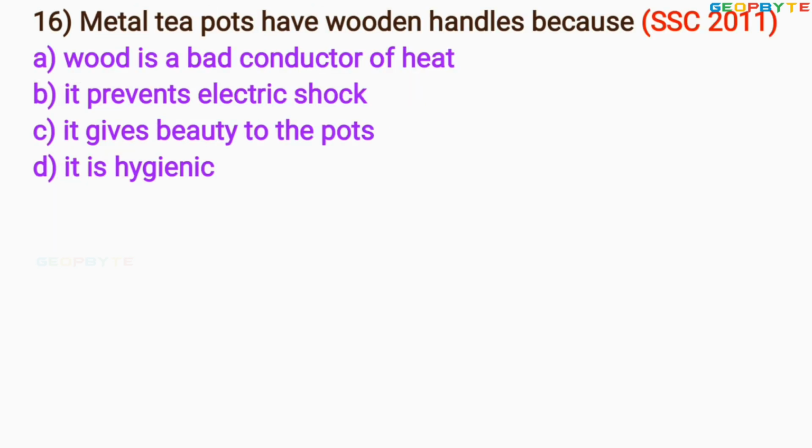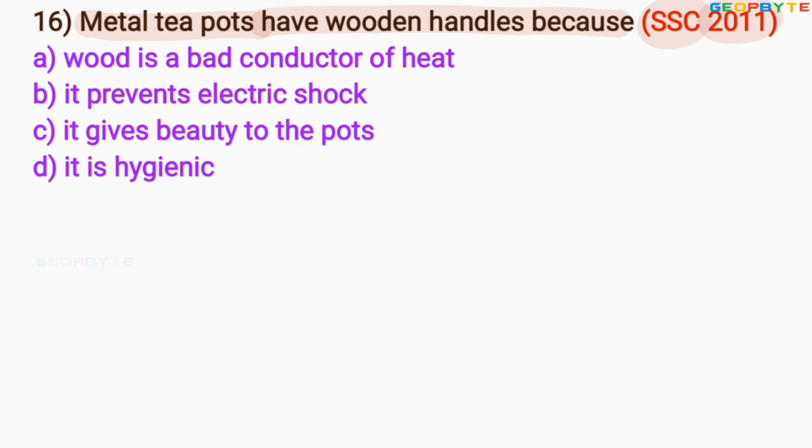Similarly, look at the 16th one, asked in 2011 for SSC exam. Metal teapots have wooden handles because, dear friends, you might have observed the metal teapots are having the wooden handle because wood is acting as insulator.